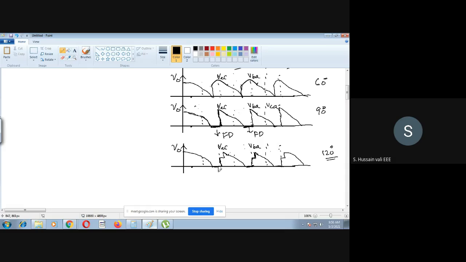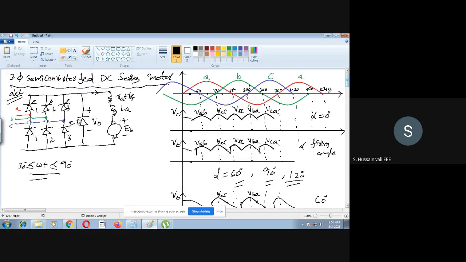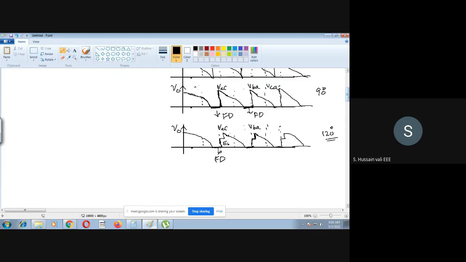Now you see here in this part, the freewheeling diode will conduct. This step is EB, the back EMF, because when there is no current here, then V naught is the same as EB. This we have seen already. So these are all the four waveforms you will get.